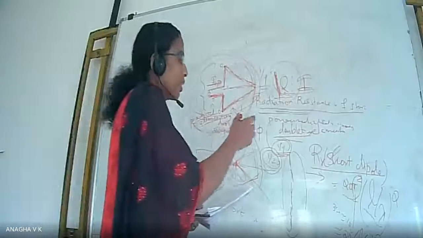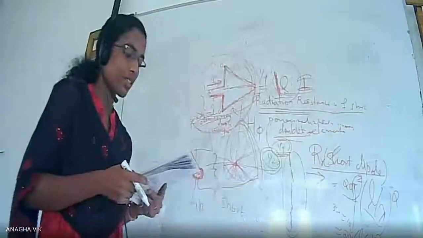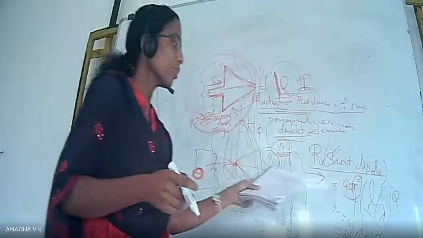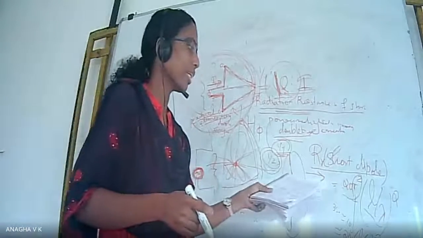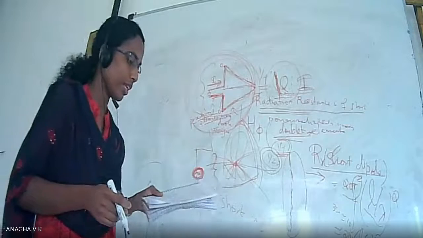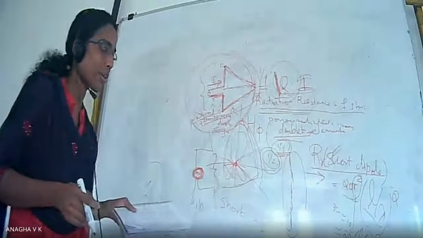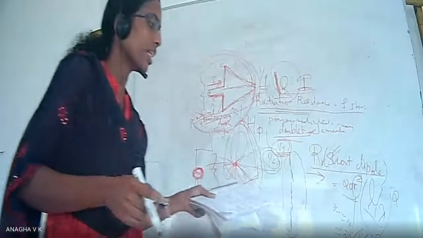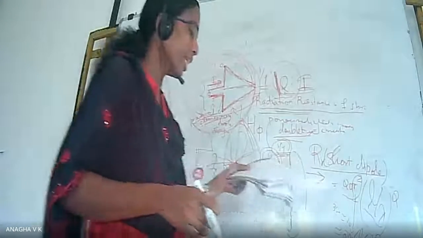Hence we write the equation of radiation resistance as 20 pi square (L by lambda) whole square. You just learn this equation by heart. Pi is 3.14, pi square is approximately 10, so 20 into 10, 200 (L by lambda) whole square. This equation you just study.